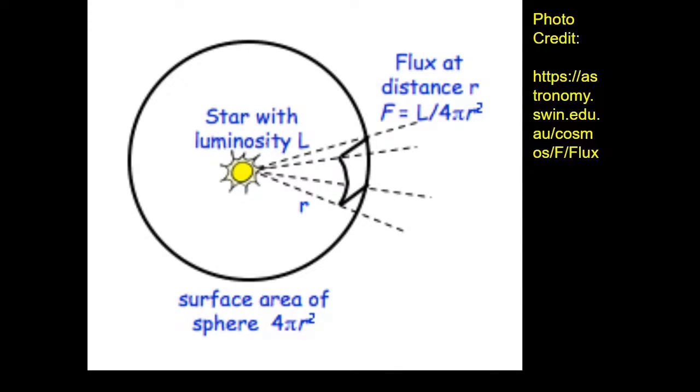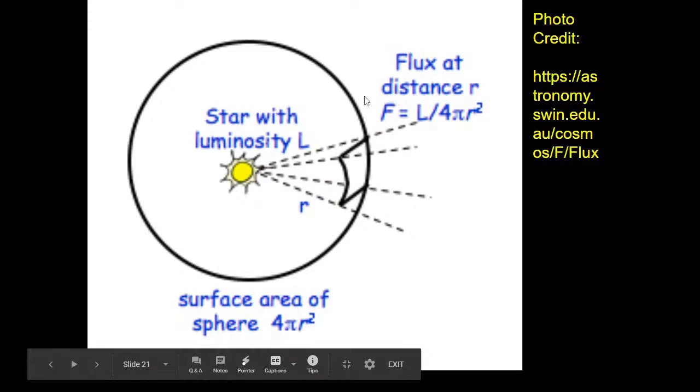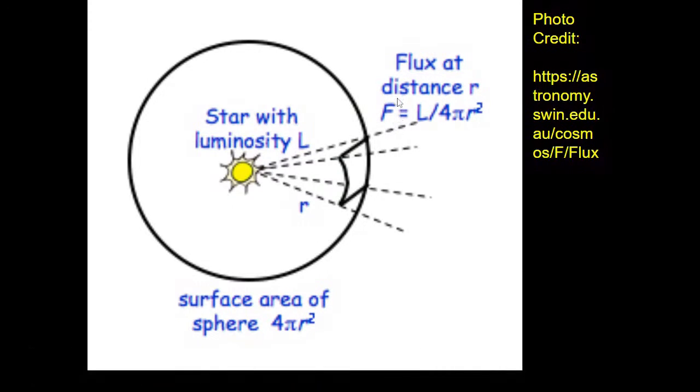In other words, by measuring the flux, which is the amount of energy that our telescope is detecting per unit area per unit time, and by knowing the distance of the star from us, we can find out the luminosity of the star.